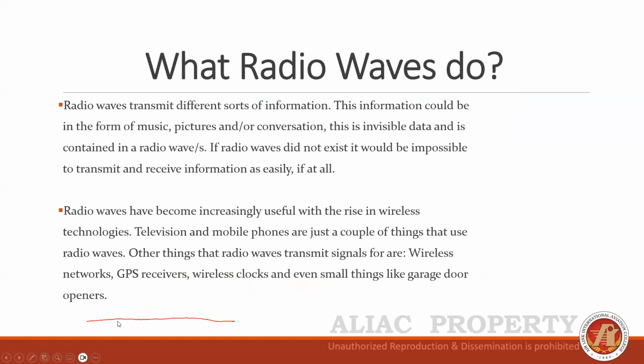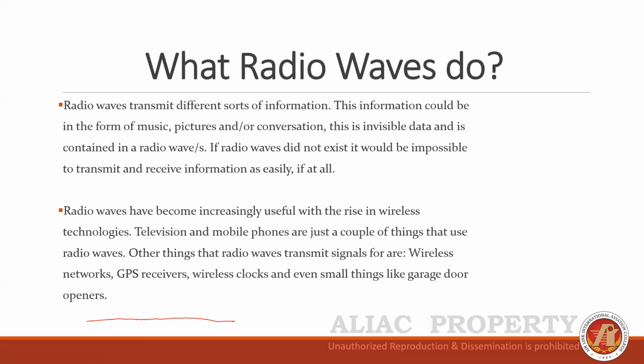So if you read this now, what do radio waves do? Radio waves transmit different sorts of information. It can be music, pictures, or conversation. This is invisible data and is contained in a radio wave. If radio waves did not exist, it would be impossible to transmit and receive information as easily, if at all.